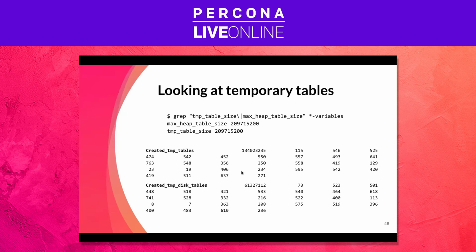And if we see large values like this, there's only one way. You need to look for the queries that are doing this and see what you can do to change those. Either that, or the only way to scale is just always adding more memory to the server, which is not the best way.